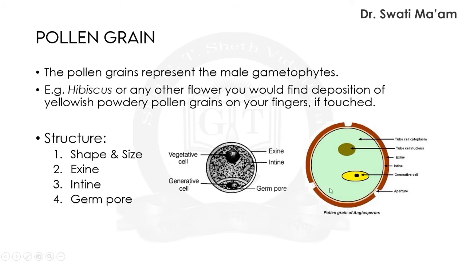These structures are germ pores. Exine has prominent apertures called germ pores where sporopollenin is absent. That is why the pollen can germinate only through these regions.